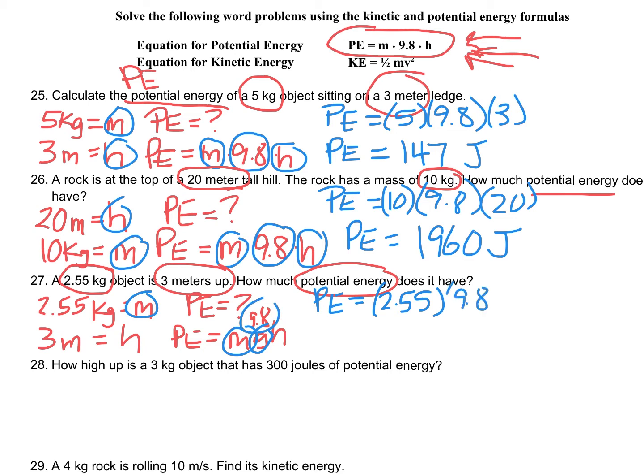That's the acceleration of gravity on Earth, we assume. And the height of the object is about 3 meters up high. So anything up high has stored up potential energy. That's why we can solve for it. And when we multiply 2.55 times 9.8 times 3, we end up getting about 74.97 joules of energy. Perfect.